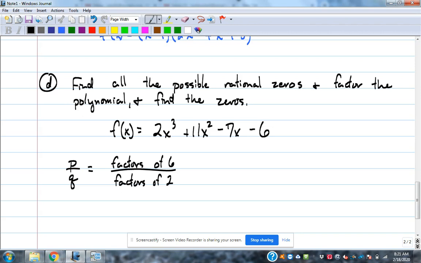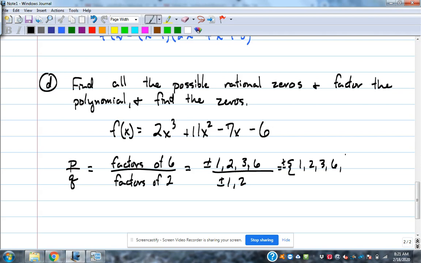Okay, so what are the factors of 6? 1, 2, 3, and 6. What are the factors of 2? 1 and 2, right? The possible rational zeros then, take all the numbers on top, divide them by 1. So plus or minus 1, 2, 3, 6.